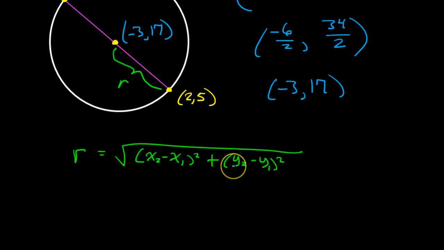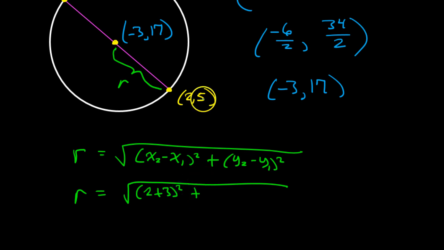This is the distance formula. So if I use the distance formula involving these two points, I'm going to do x minus x. So that's 2 minus -3, which is actually 2 plus 3 squared. And then I will do y minus y, so 5 minus 17 squared.